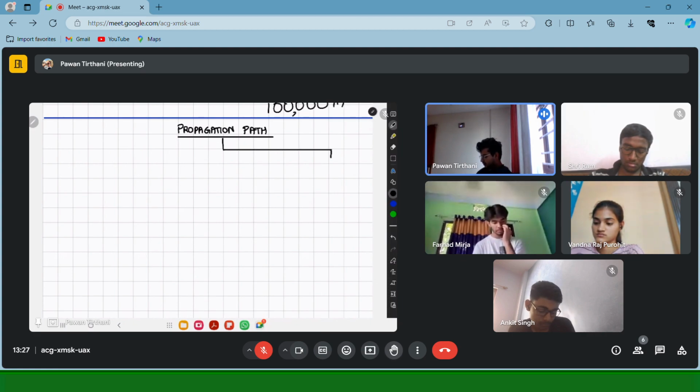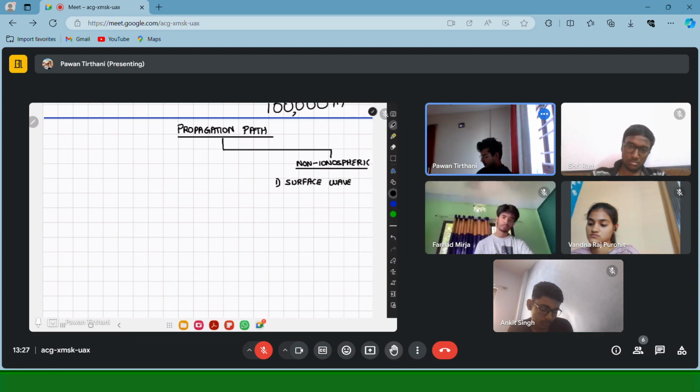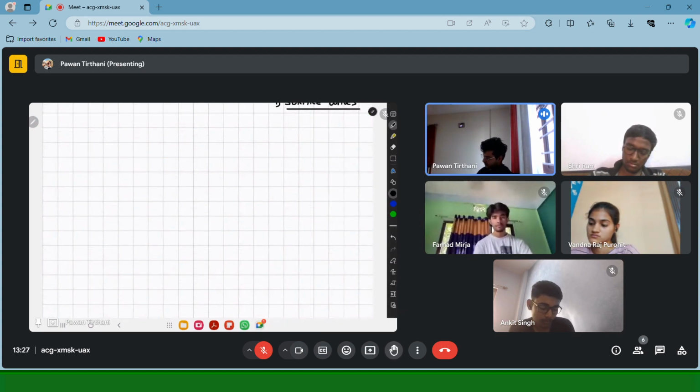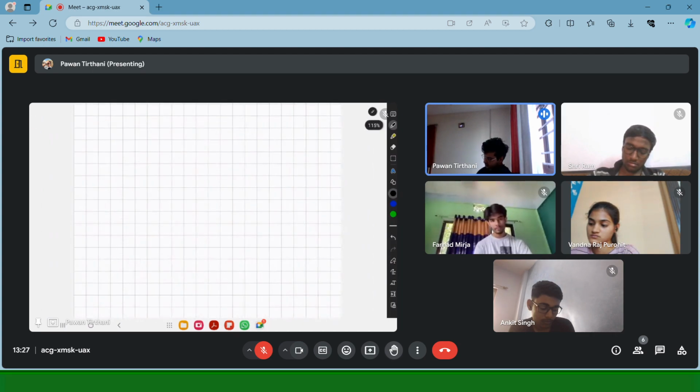The ionosphere has nothing to do with it. So, talking about surface waves, we are going to study this right away. I have made you draw this diagram once beforehand, but I will not draw it again. I will simply teach you straight about surface waves.